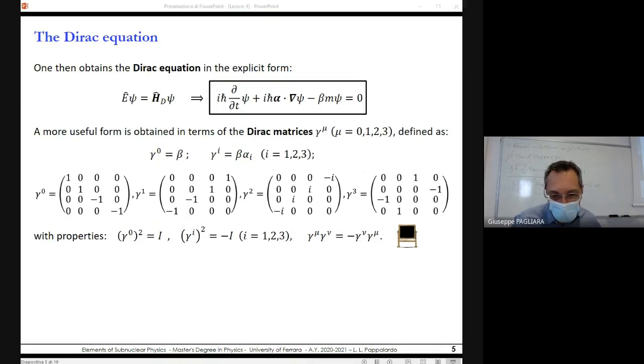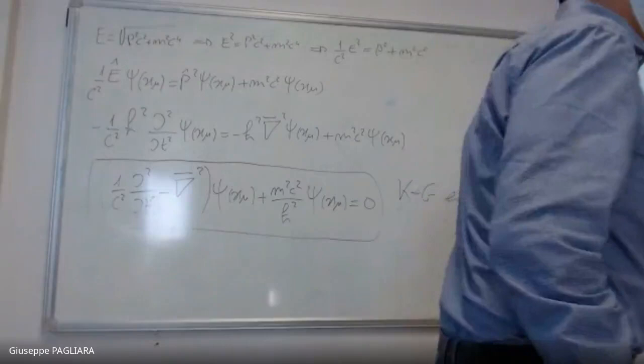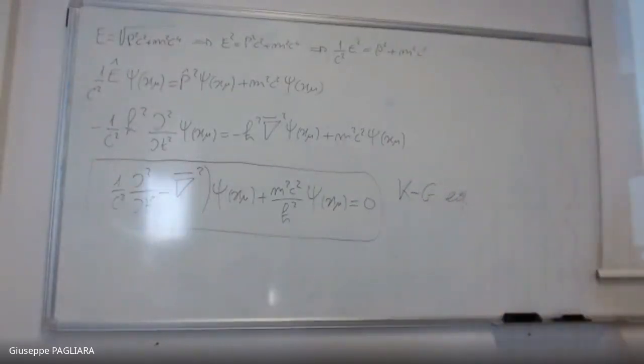So now, let me derive on the blackboard the covariant form of the Dirac equation, which is the form that you find everywhere in textbooks, and the form that we will also be using next.